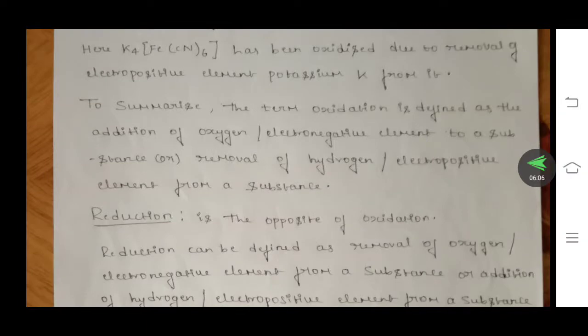Now we'll go to reduction. What is reduction? Reduction is the opposite of oxidation. Reduction can be defined as removal of oxygen or an electronegative element from a substance, or addition of hydrogen or an electropositive element to a substance.